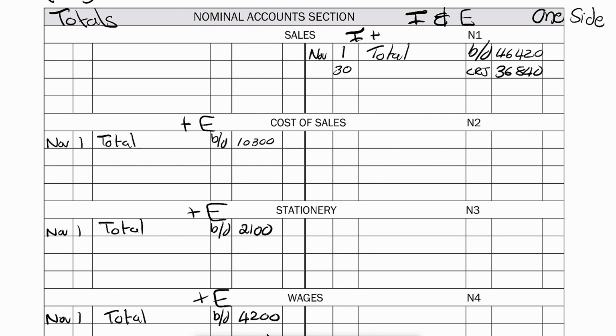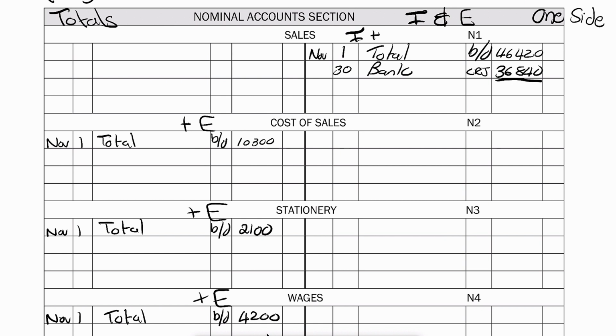And what we need to do is think about the two accounts involved. Now, when we sell trading stock, we have two accounts involved for money in. That is our bank, because bank is increasing, people have paid us, and we have sales. We are working in the sales account, so the contra account to sales is bank. We aren't finished there.